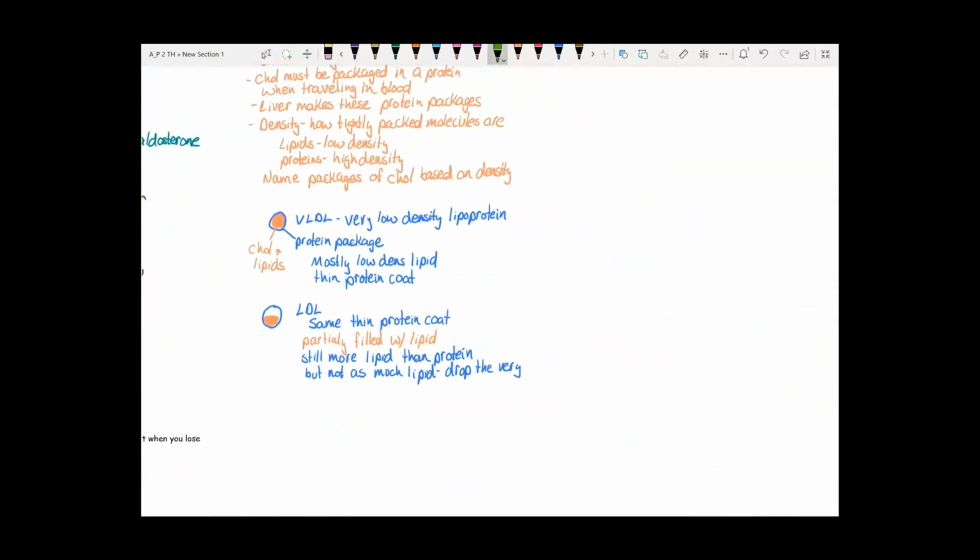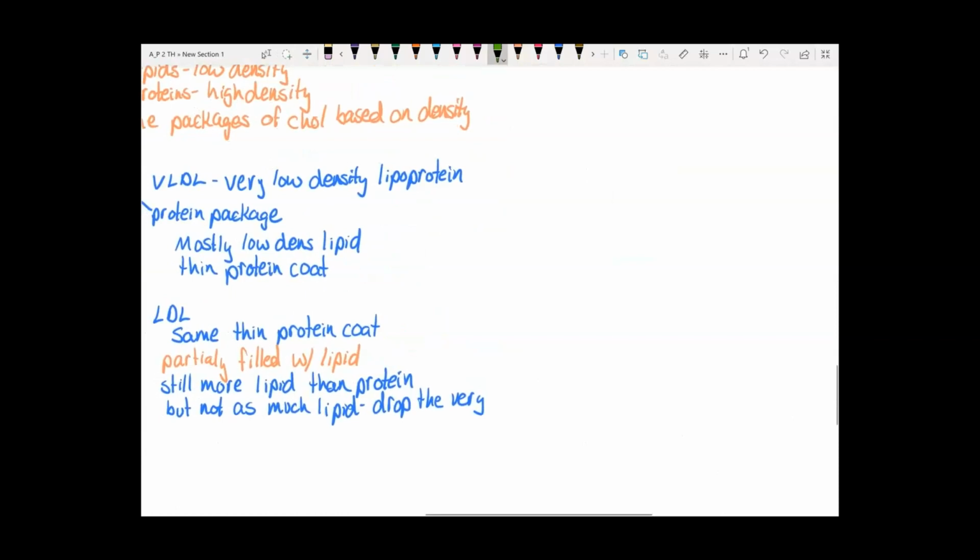So the HDL is a really thick protein coat with just a little drop of lipid in the middle. So now that you have mostly protein and just a little bit of lipid, this is more of the high density.